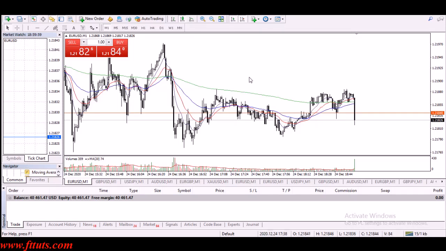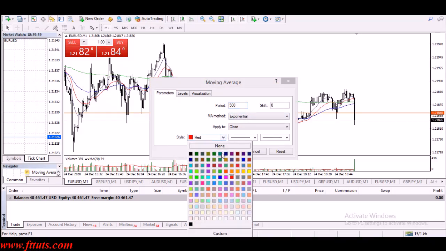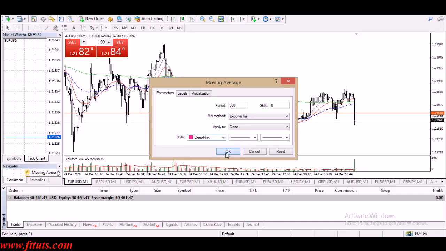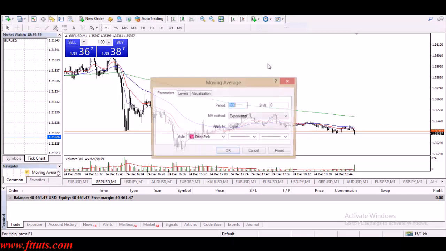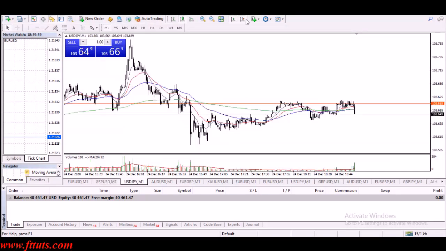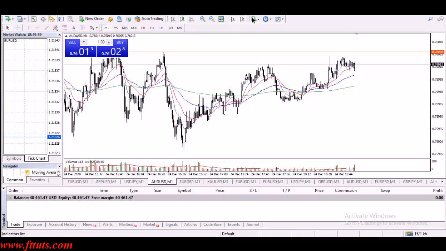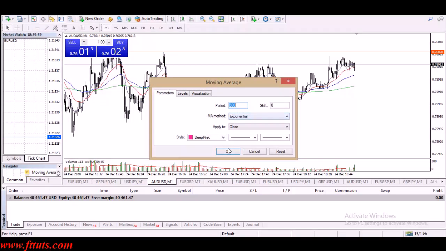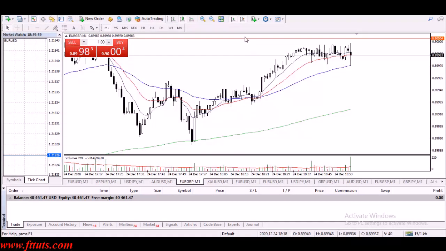So let's start. Here we don't have EMA 500, so I will be adding EMA 500 on this chart. Okay, I'm choosing this one, deep pink, let's say. Okay, perfect. So I'll be adding also here EMA 500, and here also I'll be using these charts just to show you how everything works.